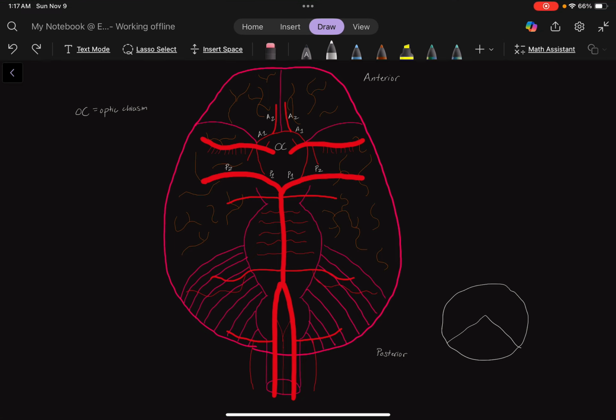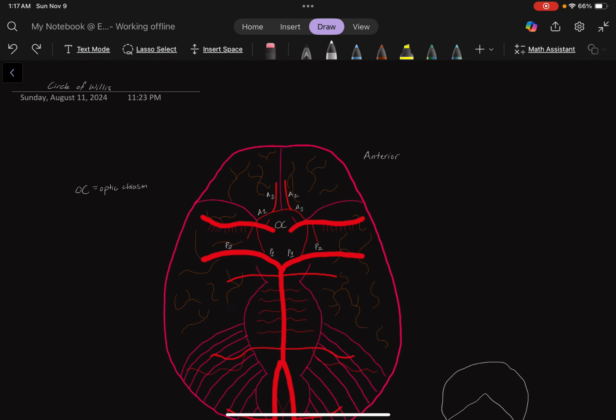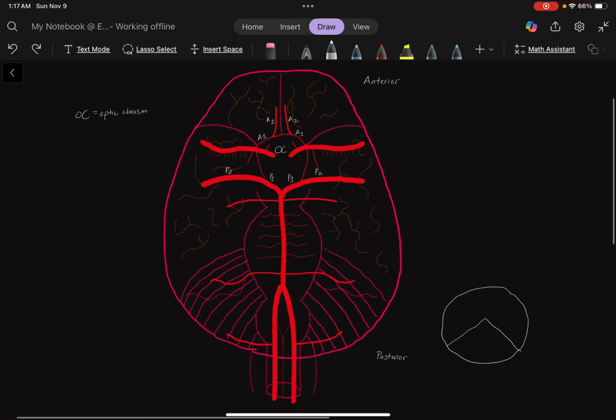Now, before we get started, I just want to talk about the anterior and posterior circulations of the brain. We can divide the blood supply of the brain into the anterior and the posterior circulation. The anterior circulation is mainly derived from the internal carotid artery, which I have just circled. Most of the time you're going to see it on the diagrams like this as well.